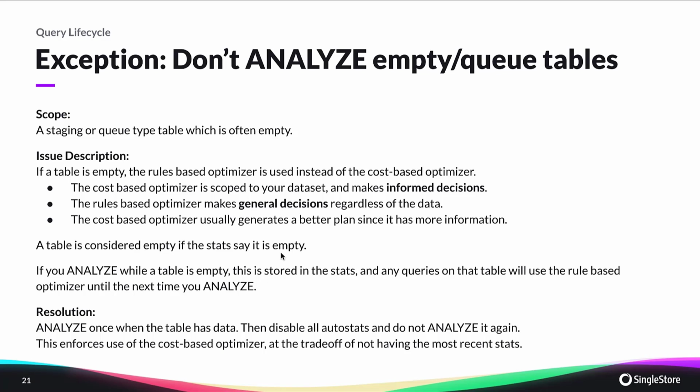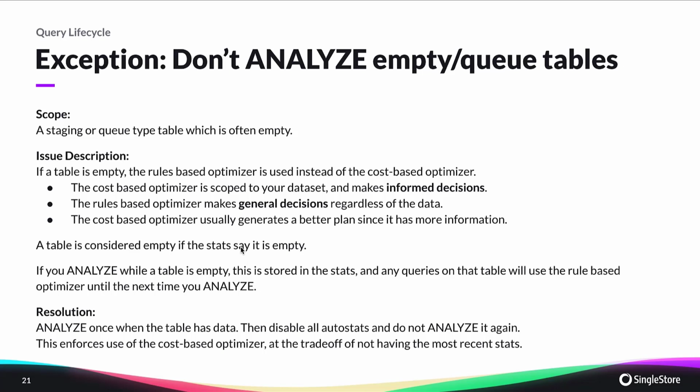So if you just run analyze maybe once a month, it's possible that that table got some values added to it in the meantime, but you didn't analyze again. Autostat should be able to update this, but you need to analyze to clear out those plans. So it's possible that you generated plans when stats were empty, and those plans will be used when the table is not empty and the plan won't be good.